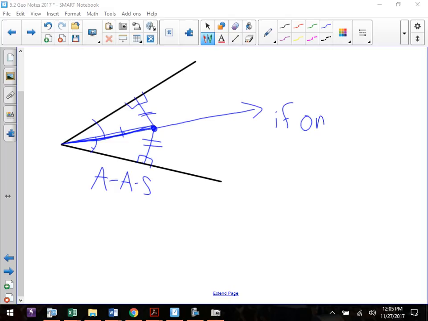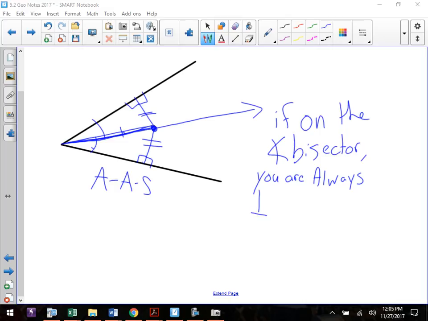If you're on the angle bisector, you're always perpendicular and equidistant to the sides.